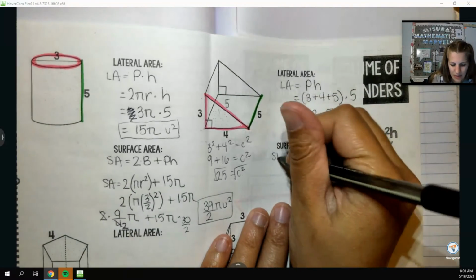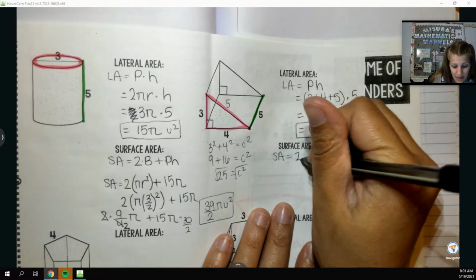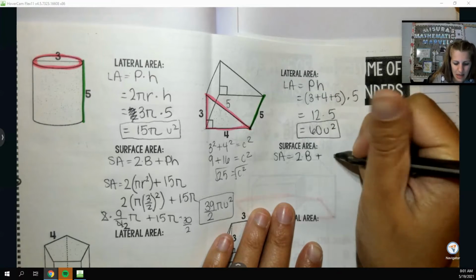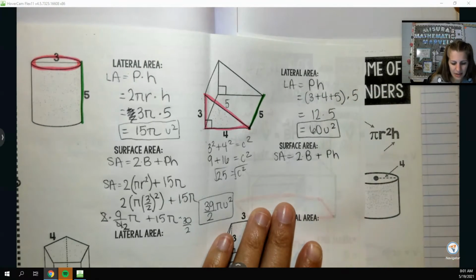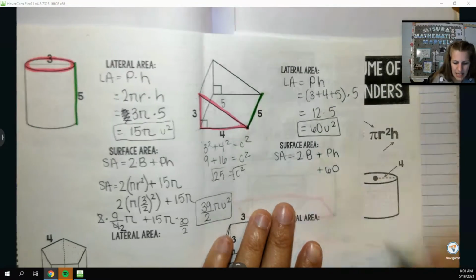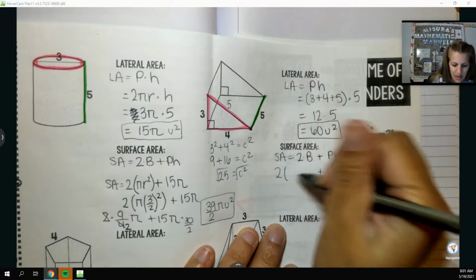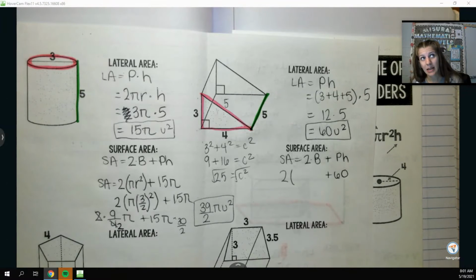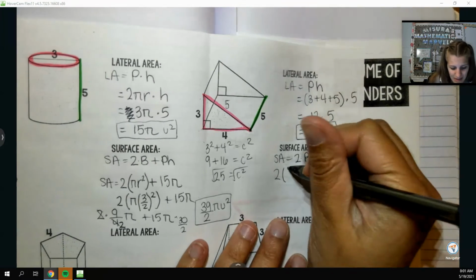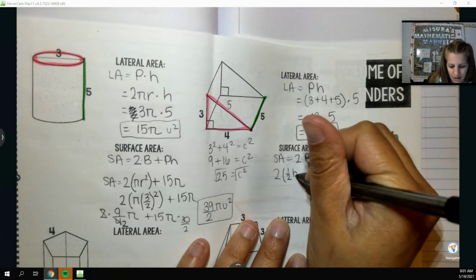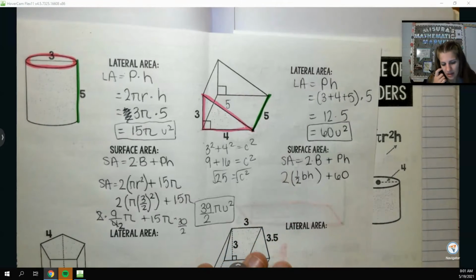And then when I want to go find surface area, I have it half done already because we're going to do 2 times the area of the base plus the lateral area, which was 60. And so 2 times the area of the base, which is a triangle. And how do you find the area of that? Well, we talked about last chapter, the area is half base times height for a triangle.